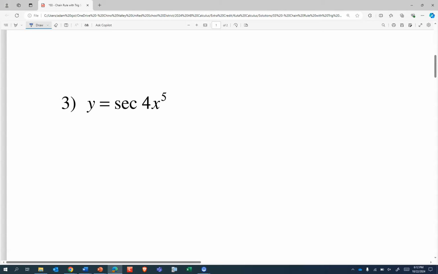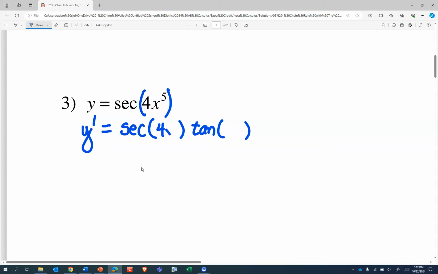All right. Okay, so hopefully now you're seeing the structure, that if we had parentheses, that 4x to the fifth is inside of secant. Maybe we'll do y prime this time. The derivative of secant is secant tangent. And careful there because each of these secant and tangents has the same input, 4x to the fifth, which has a rate of change of 20x to the fourth.